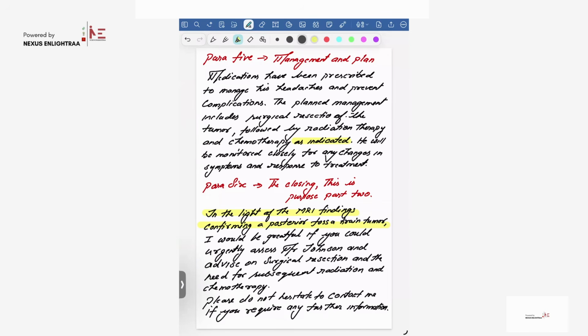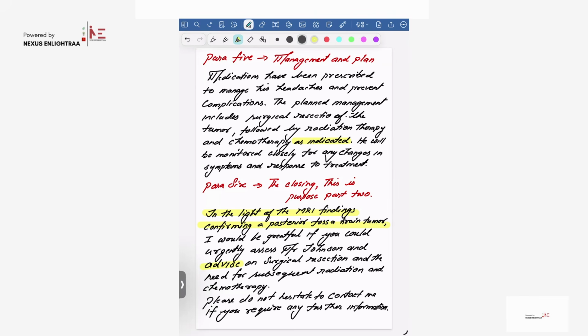In the light of MRI findings confirming a posterior fossa brain tumor, I would be grateful if you could urgently assess Mr. Johnson and advise on surgical resection. There is a difference between ADVISE and ADVICE.